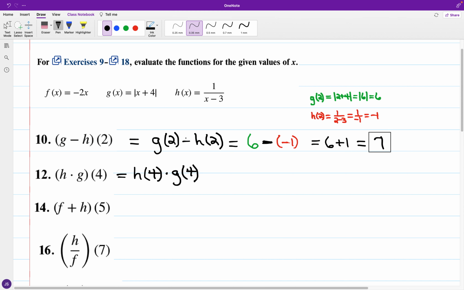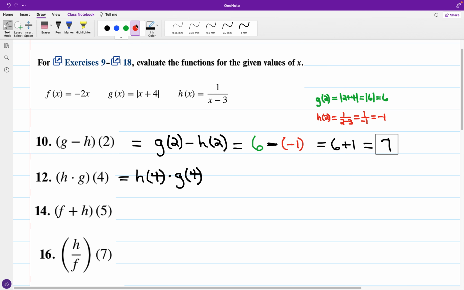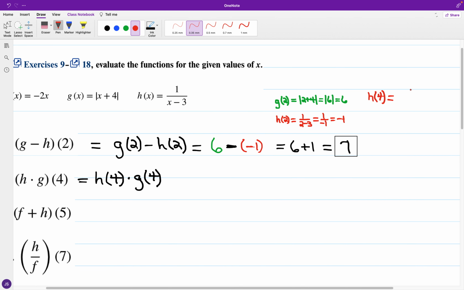Looking at h of 4, referencing again h of x, you have 1 over 4 minus 3. 4 minus 3 is 1, so h of 4 is equal to 1.